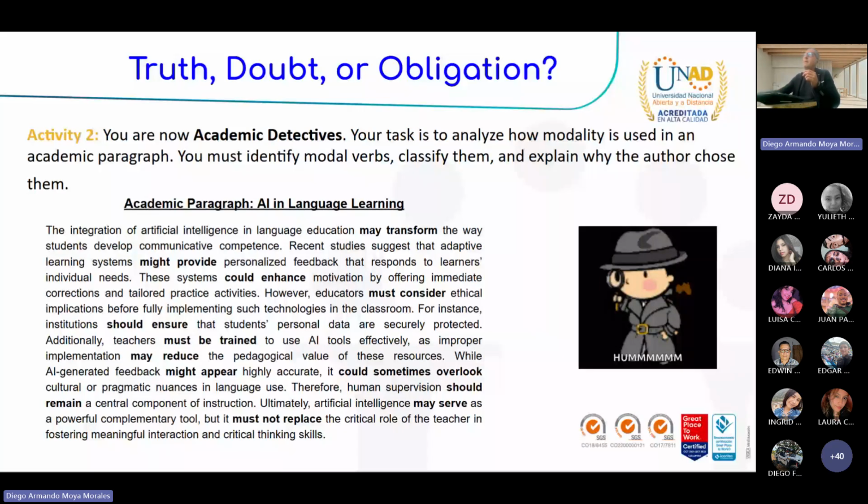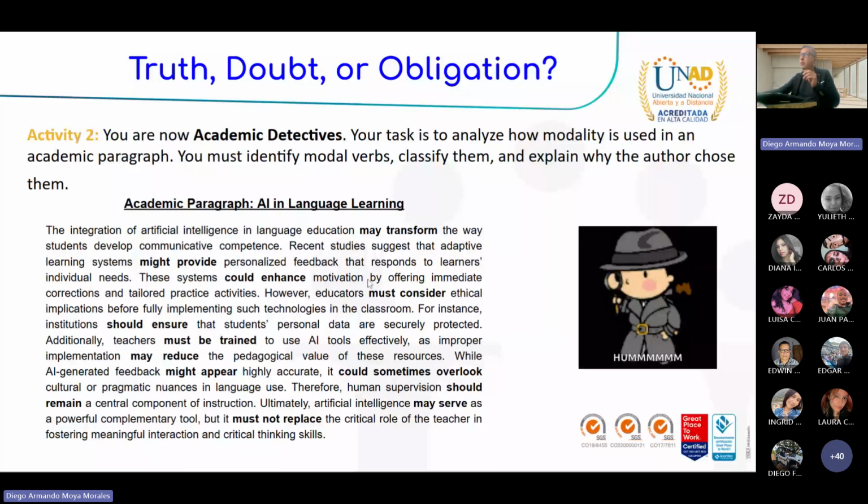Please read with me and take a look at this topic because it's very relevant these days and it's going to show you some very interesting facts. This one is called AI in language learning, okay? Artificial intelligence in language learning, all right? So the integration of artificial intelligence in language education may transform the way students develop communicative competence.